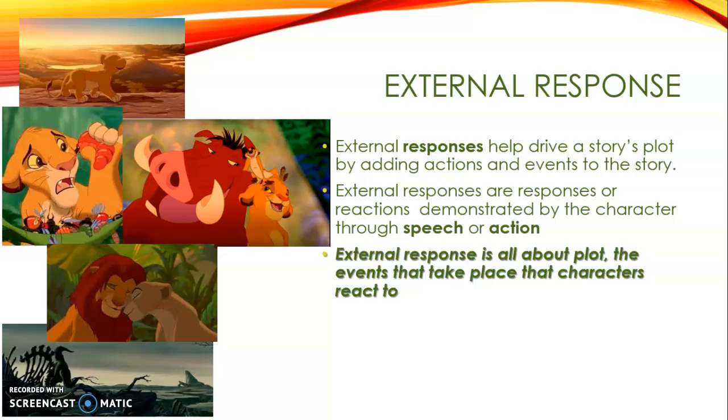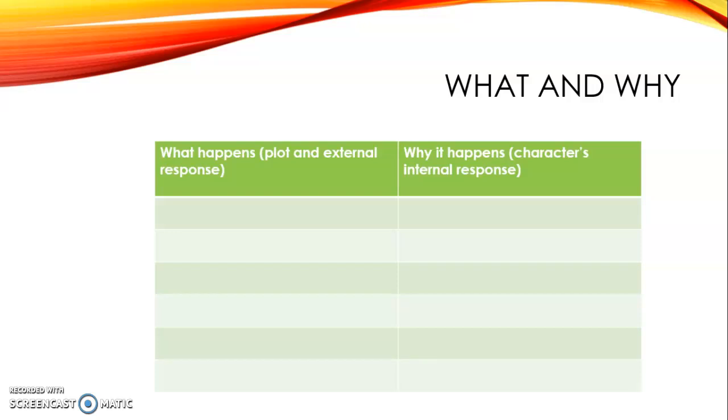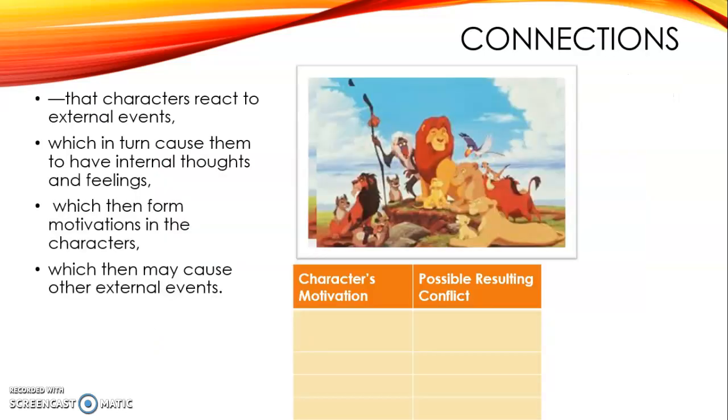That is an external response. Okay? So it helps to create events in the story. It helps us as readers to see how the characters act, right? Now, the way that we find it out, we do the what and the why chart. What happened? Why did it happen? Okay. What happened? Why did it happen? And we will talk more about this in class.